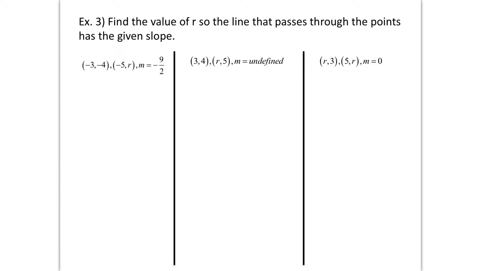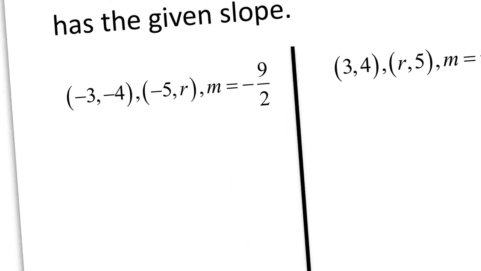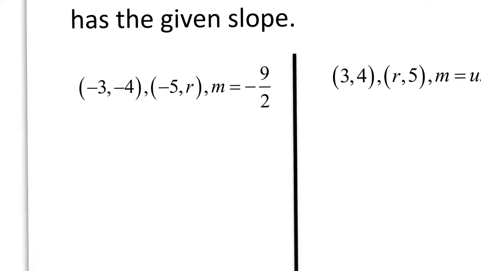So let me make sense of this problem. They have 2 points. The first point is (-3, -4). So if we graph the line, it is going to go through this point, (-3, -4). The second point it has to go through is (-5, r).